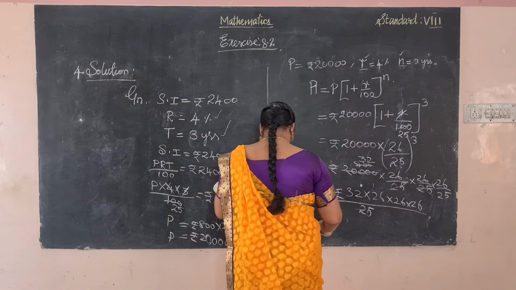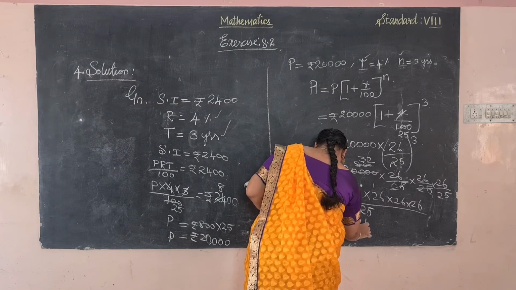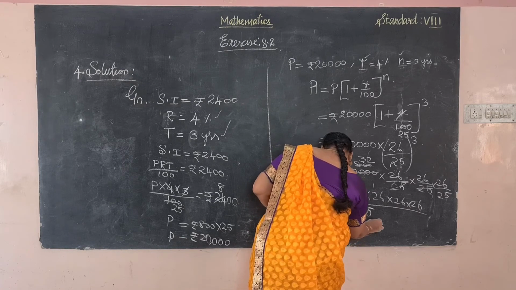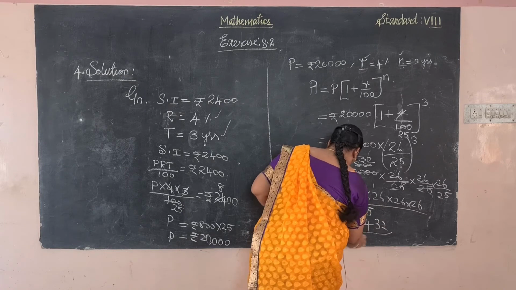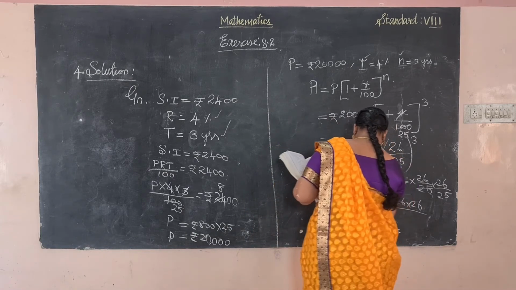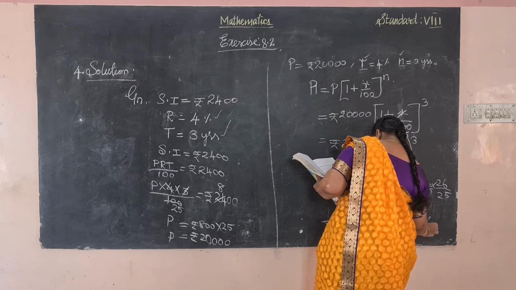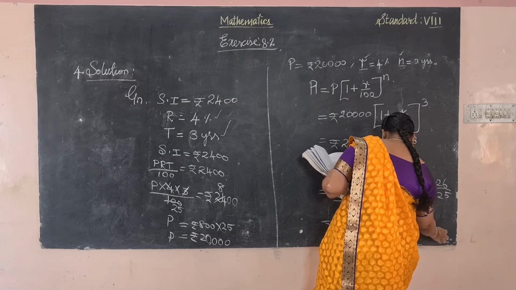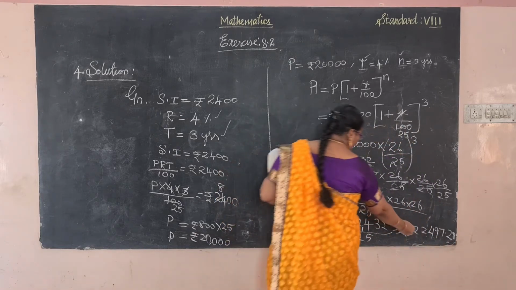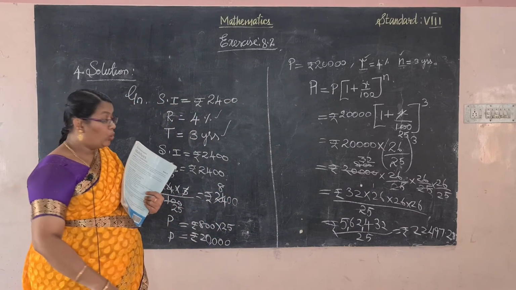Multiply the numerator values, we get 562432 divided by 25, rupees 22,497.28.